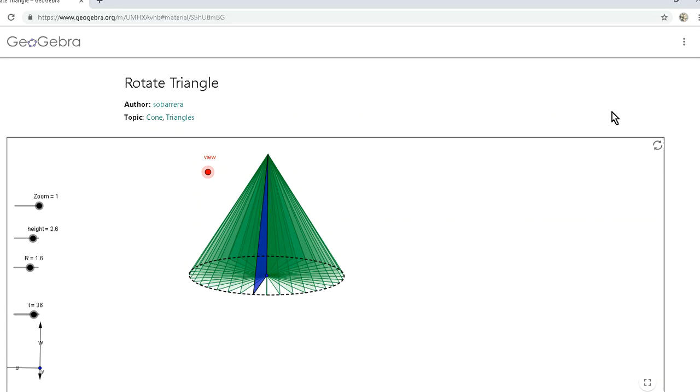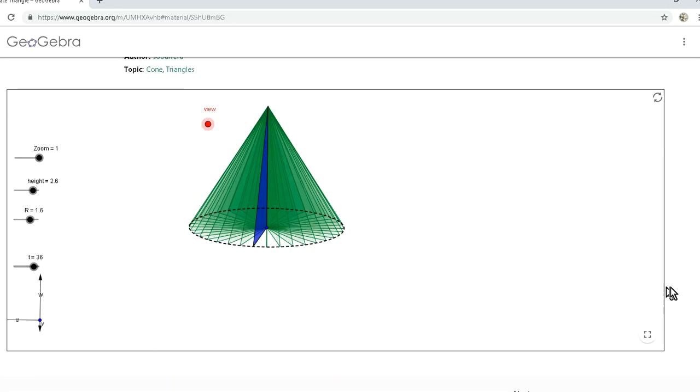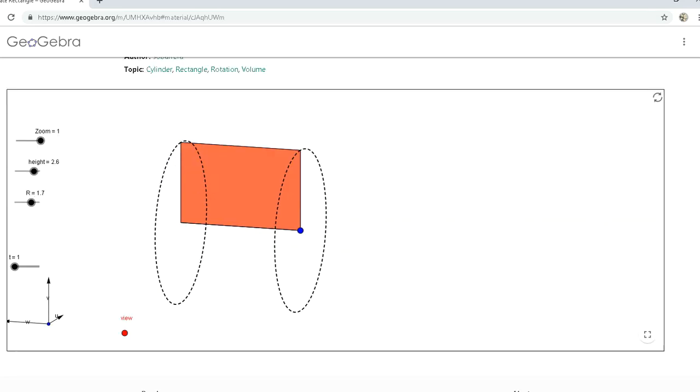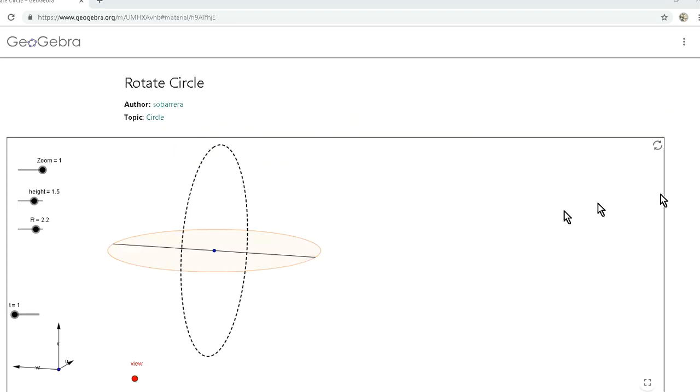All right, now how about a sphere? Can you think about that for a second? Well, we've done rectangle, we've done right triangle. Let's look at circle. All right, so we have a circle here. Now, what shape do we get if we rotate this circle about its diameter? Okay, so you have a diameter there.